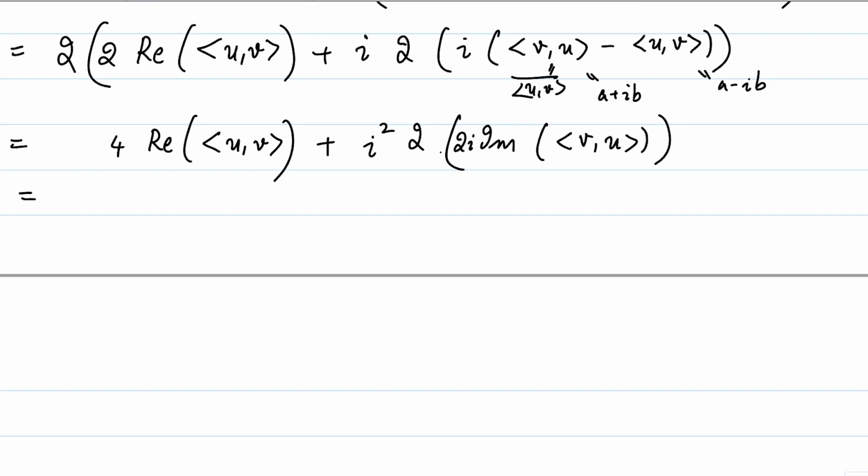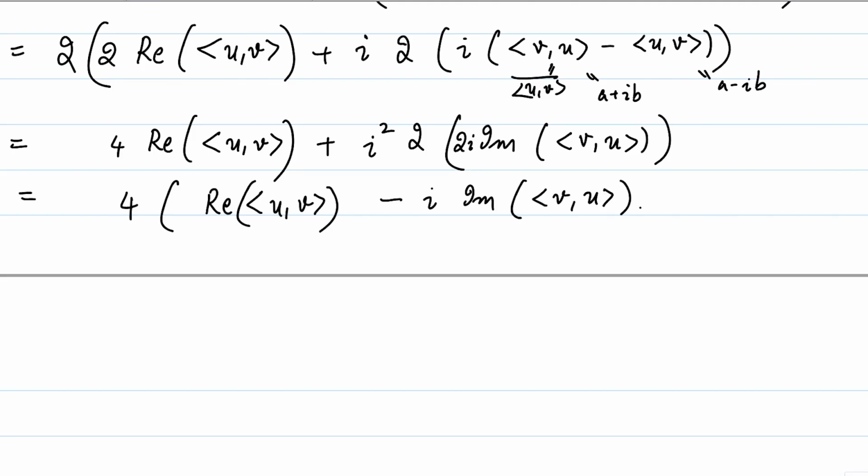So this is again 2 times 2, 4 is there, 4 times the real part of u comma v minus, so 4 has been taken out, I times imaginary part of v comma u. But the inner product of v comma u is, let me just rewrite this, the inner product of u comma v bar.